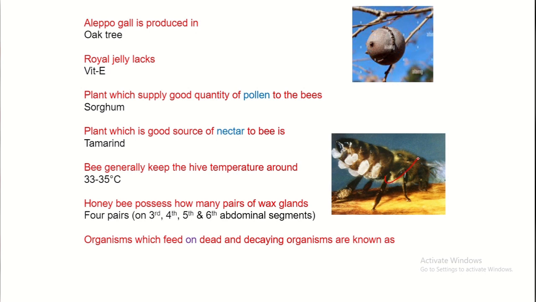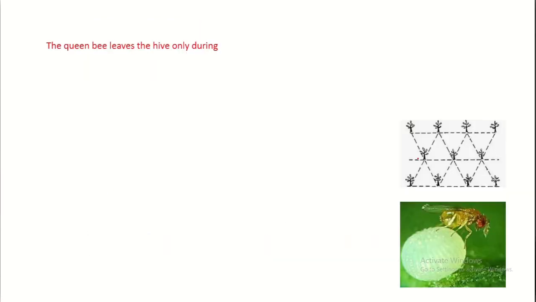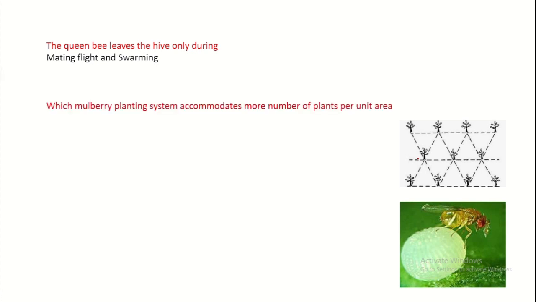Organisms which feed on dead and decaying organisms are known as scavengers. The queen bees leave the hive only during mating flight and swarming. Which mulberry planting system accommodates more number of plants per unit area? That is triangular system. Suitable mulberry variety exclusively for late-age silkworm is G4.